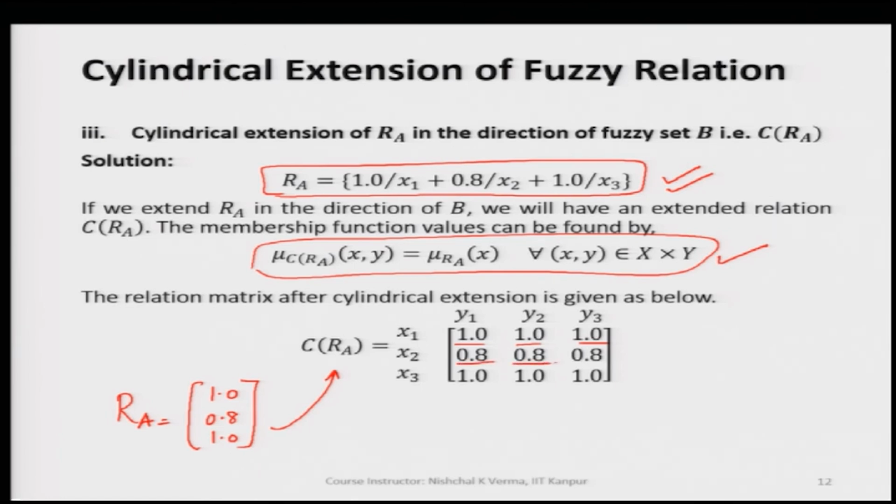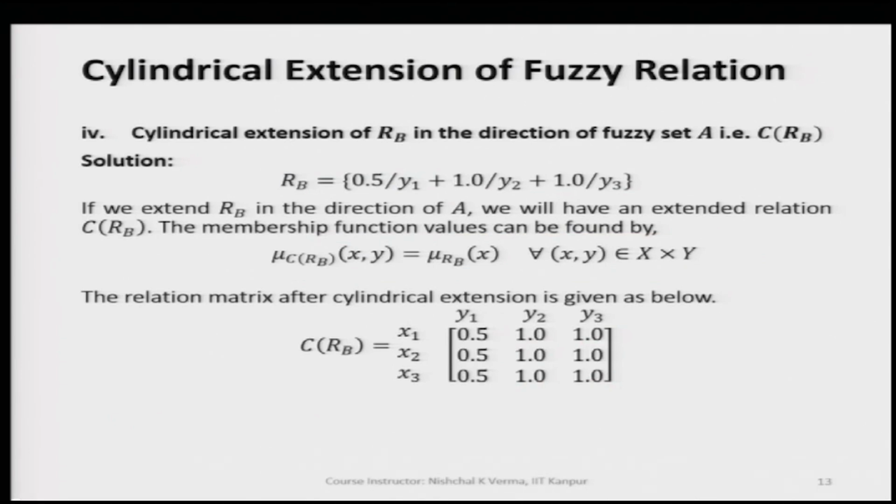So, 0.8, 0.8, 0.8, 1, 1, 1. The cylindrically extended relation matrix will have either the rows or columns duplicated. Just by looking at that, we can say that this fuzzy set is a result of cylindrical extension.